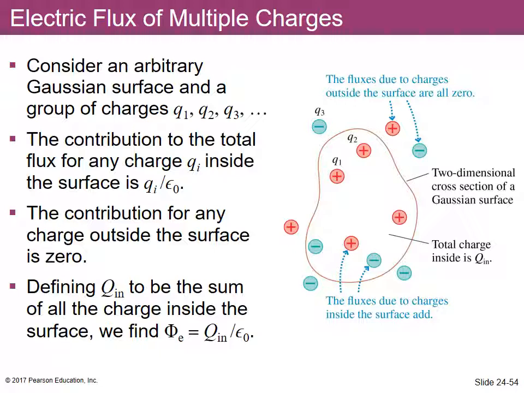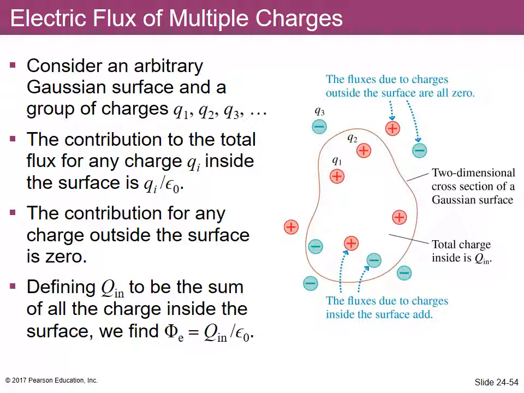Consider an arbitrary Gaussian surface that contains a group of charges Q1, Q2, Q3, and so on. The contribution for any charge outside of the surface is 0. The contribution to the total flux for any charge inside the surface is Q sub i over epsilon naught.